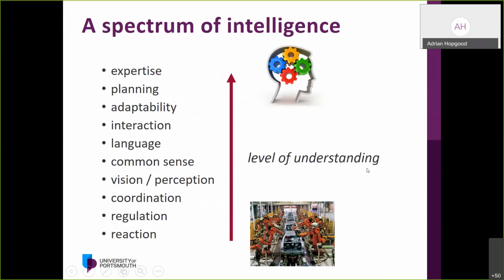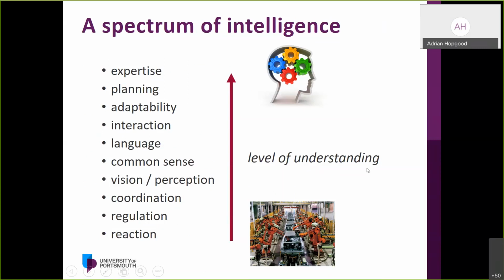So towards the start of this presentation, I showed you this spectrum of intelligence. I talked about how early successes in AI tended to be at the top end of that spectrum, dealing with specialized expertise in professional domains like law and medicine and particular sciences.